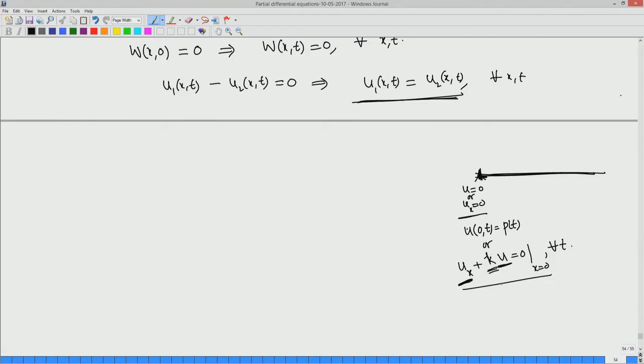That is what happens if you attach a spring of stiffness k at x equal to 0; this is the condition for the spring. The other one you can attach in such a way that u, the displacement, is all the time changing. It may be time varying, so it may be some oscillatory function p of t.